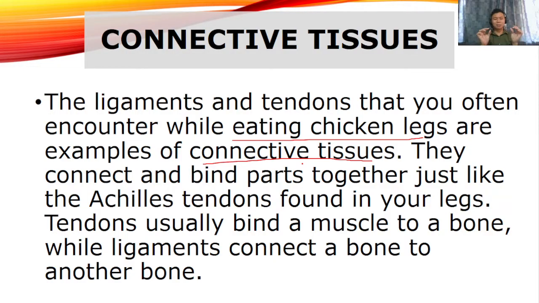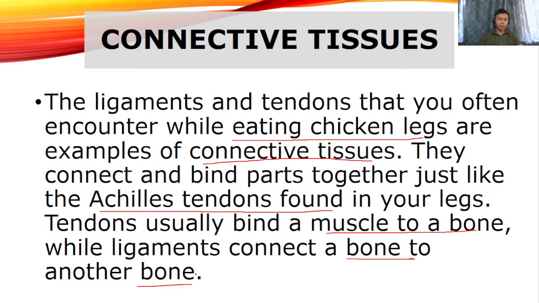Chicken legs, drumstick. They are usually linking bone to bone or bone to muscle. Connective tissues connect and bind parts together just like the Achilles tendons found in your legs. Tendons usually bind muscle to a bone while ligaments connect bone to bone. So tendons, muscle to bone; ligaments, bone to bone.